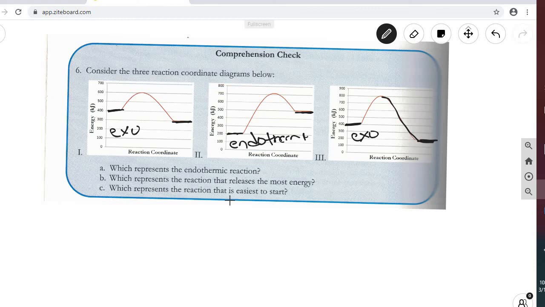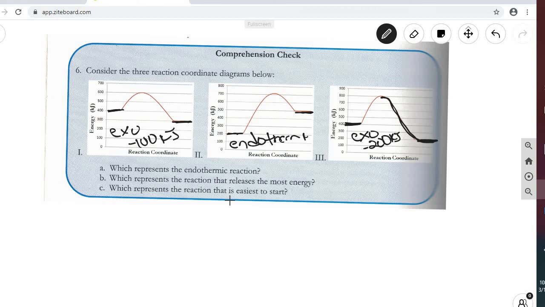This one is just a difference of 300 to 400, so this one would be negative 100 kilojoules, and this one would be 2 to 4. This one would be 200 kilojoules. So products, which is 200 minus 400, that'd be 200 kilojoules. So the most energy would be released from this reaction.